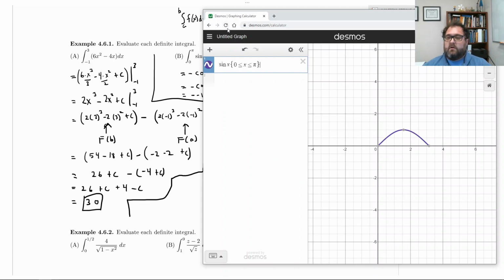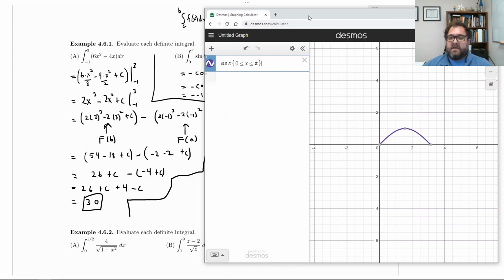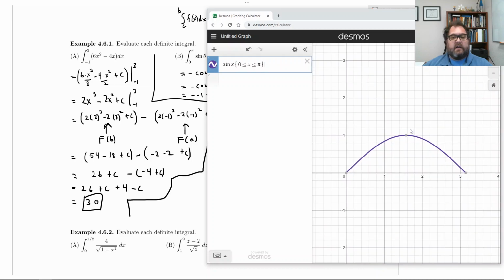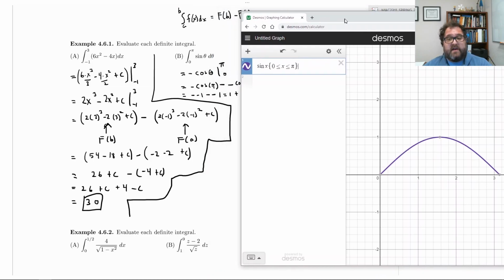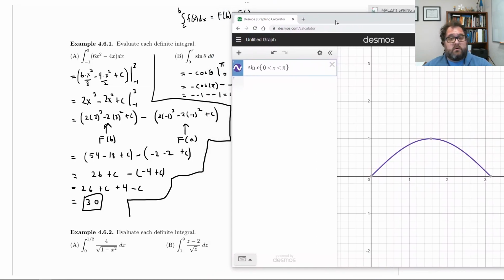And there we go. Basically, we found one hump of the sine curve. And what did we figure out? Since sine is non-negative from 0 to pi, we found area, not just net area. We found the area of that little hump was 2.